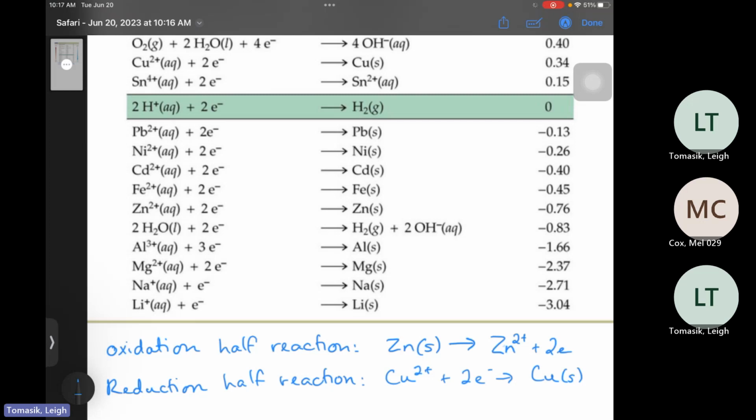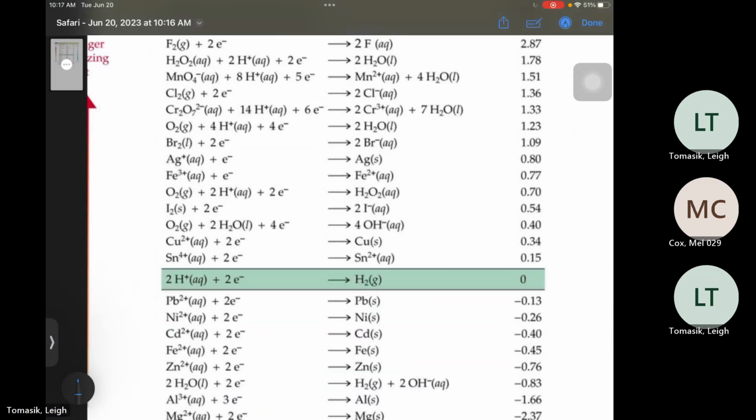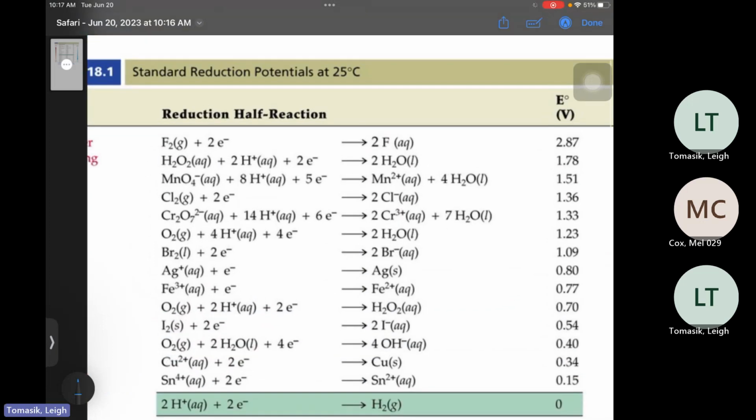So these are called reduction potentials. Remember, this chart is called the standard reduction potentials. All of these chemical reactions are written as reduction half reactions.